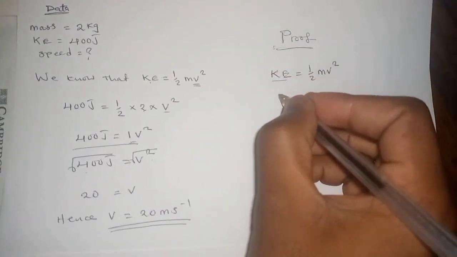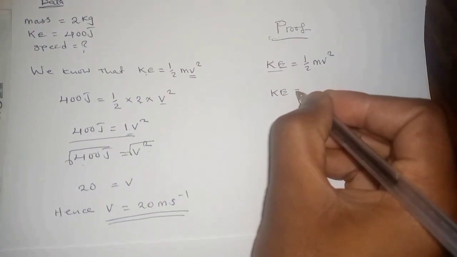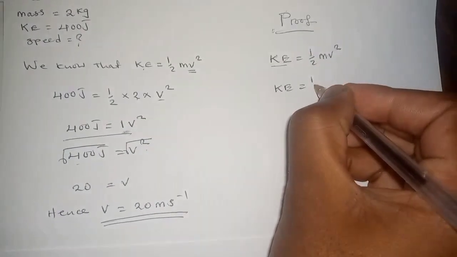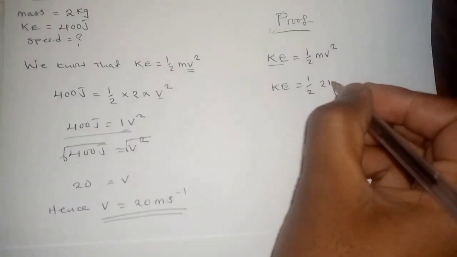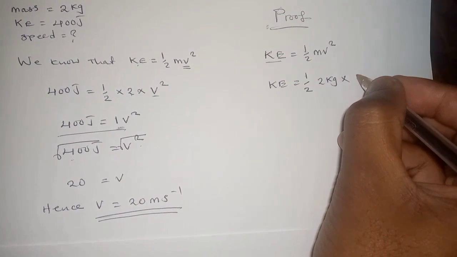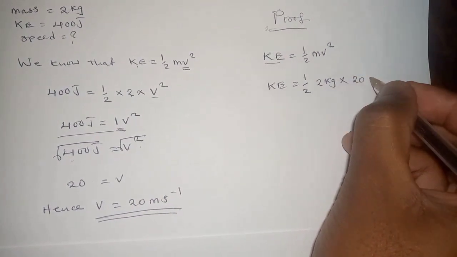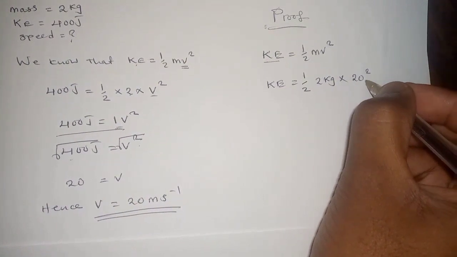So let's try and calculate kinetic energy this time around using our 20, and let's see if it will give us 400 joules as it was given in our data. So we're going to say this, then for the speed we're going to put the 20 meters per second.